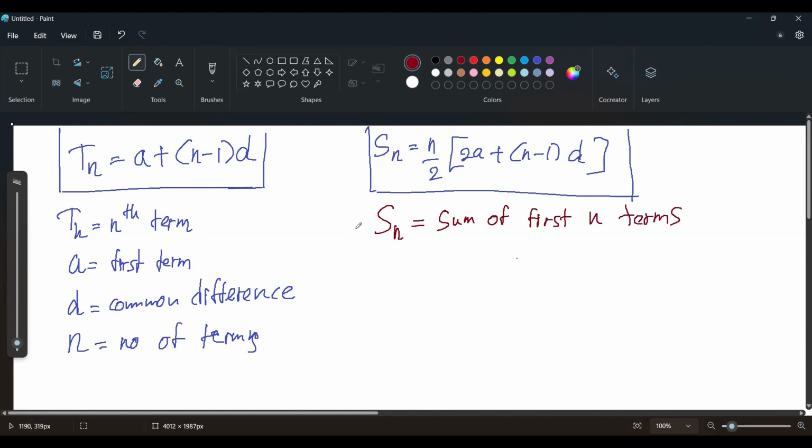So n is the number of terms. How many terms there are, you have to use as n. A is the first term. D is the common difference.